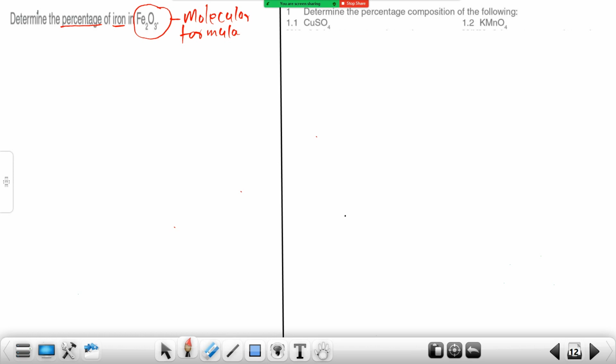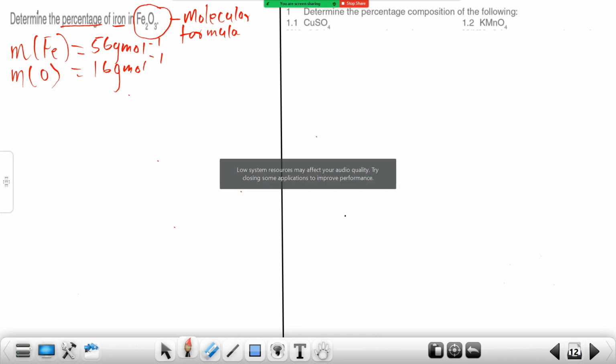So it's basically 2 elements. I'm going to determine the molecular mass of iron from the periodic table. The periodic table I have here says it's 56 grams per mole. Then oxygen is 16 grams per mole. So I am done with step number 1.